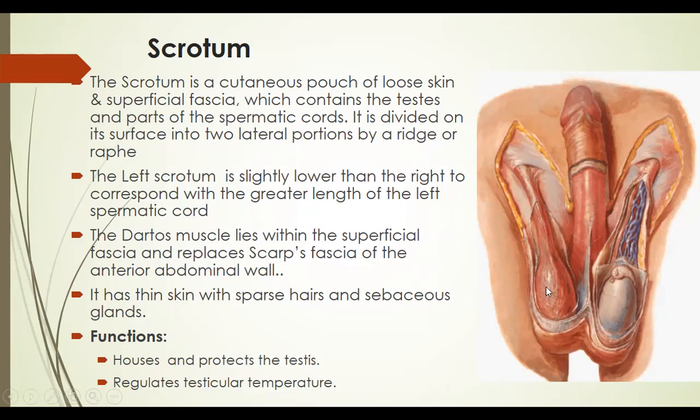If you see here, this is the right and this is the left. The left scrotum is slightly lower compared to the right, and corresponds with the greater length of the left spermatic cord. So the left spermatic cord, because this testis is lower, should be longer. So the left spermatic cord is longer compared to the right one.